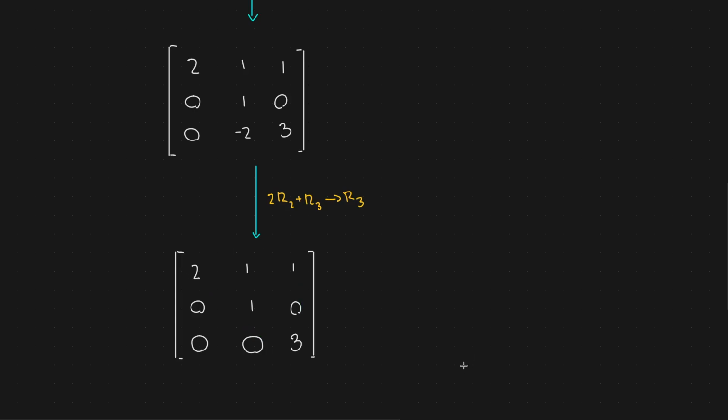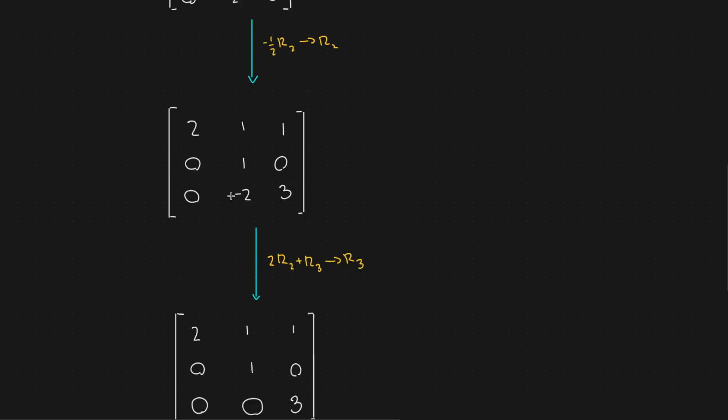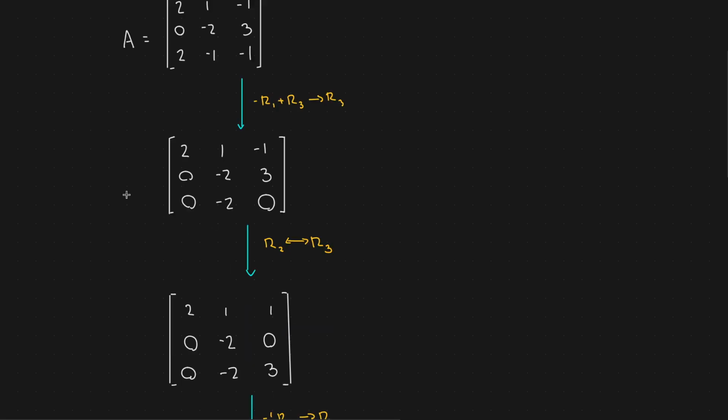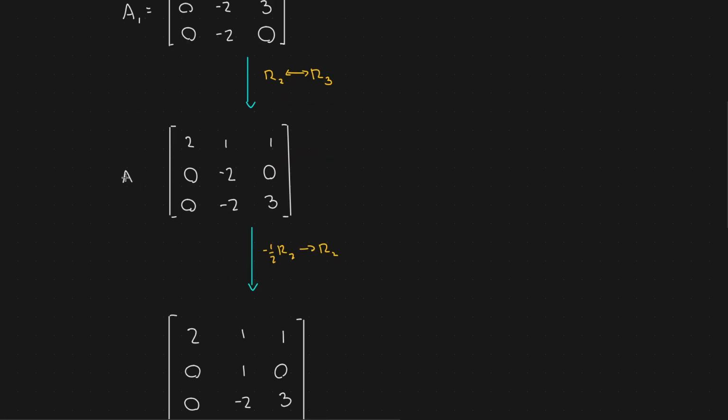Okay? So the determinant of this matrix here, let's call it, you know what, I'll just write the determinant over here. So actually, let's name all of these. So this is A. And let's just give them subscripts. This is A1, this is A2.